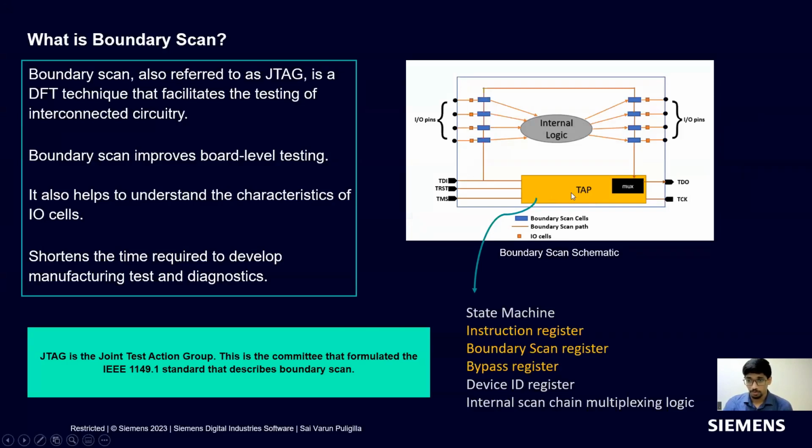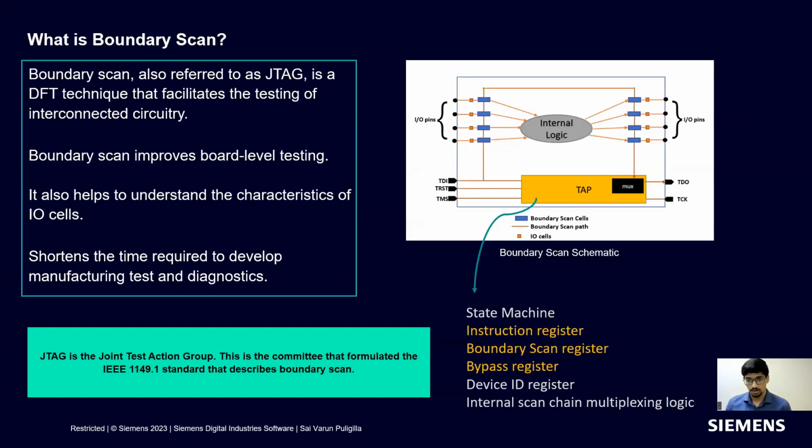this TAP has 5 important pins like TDI, TDO, TMS, TCK, whereas TRST is a reset pin, which is an optional pin, because a TAP also has a finite state machine, which has 4 bits, so it has 16 different states. So if we follow a specific mechanism, we can also activate the reset without a reset pin.